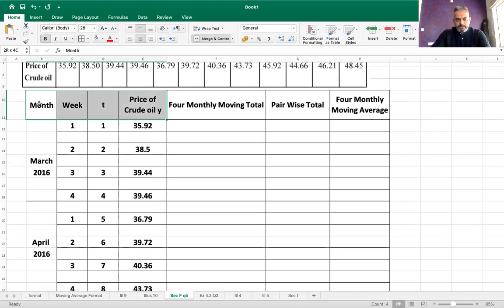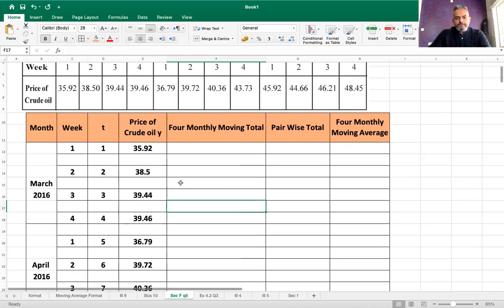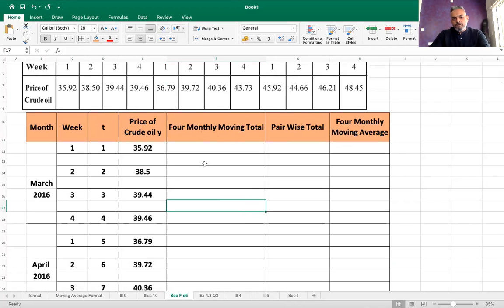Let's give some highlight. Now, first we will find out the 4 weekly moving total. So what we will do is 1, 2, 3, and 4. So between 2 and 3, we will do the total.